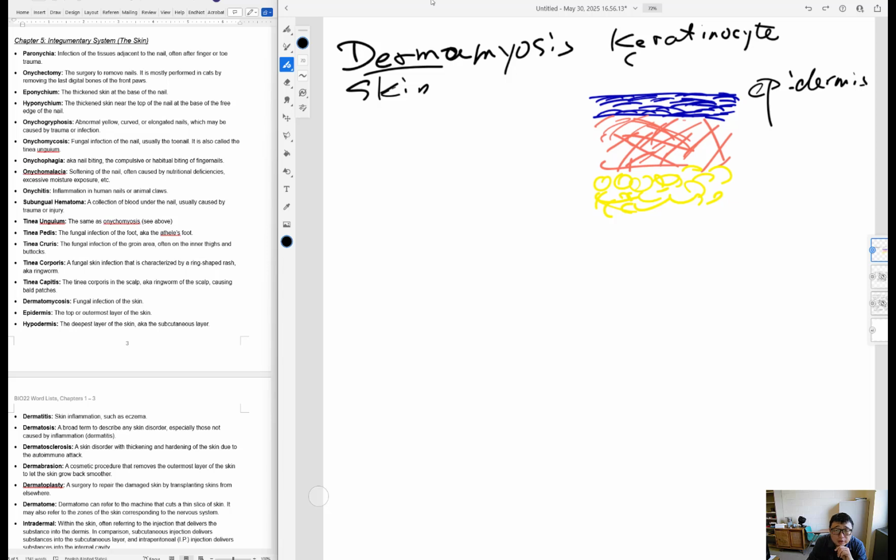This is the characteristic of the very first layer. It contains the protein concentration. There are no blood vessels, but it's waterproof. Then this layer contains a lot of fibroblasts and collagen. Fibroblasts produce a lot of collagen.